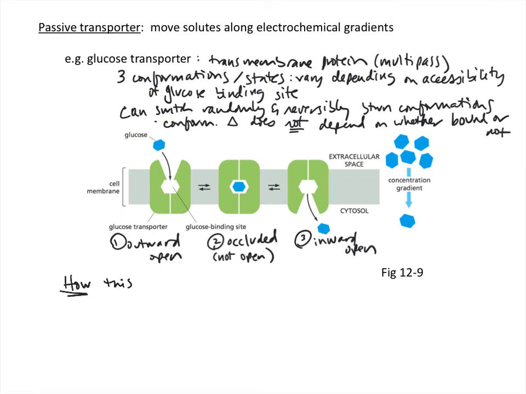Something that's really important looking at these different transporters is we're really going to focus on how these events occur. So how this works: glucose will move with or down the concentration gradient through this glucose transporter.